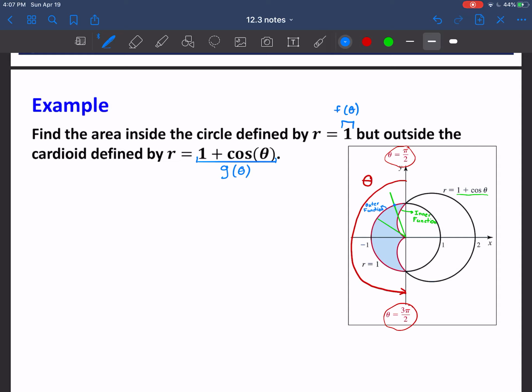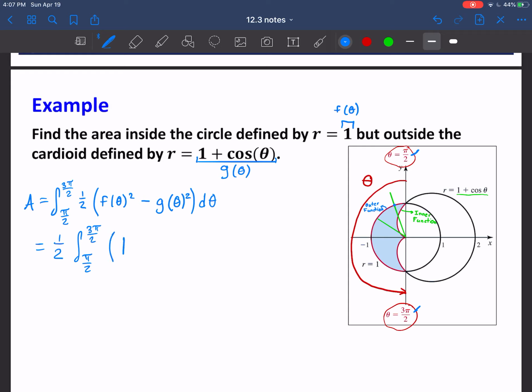All right, so with that in mind, let's calculate the area. The area is going to be the integral. Once again, my bounds were pi over 2 to 3 pi over 2, of 1/2 times f of theta squared minus g of theta squared, d theta. We're going to pull the 1/2 out front. All right, f of theta we determined was 1, so 1 squared is 1.